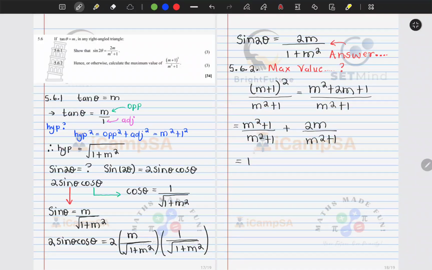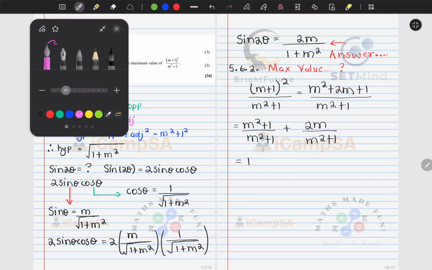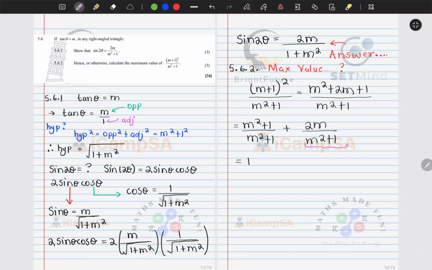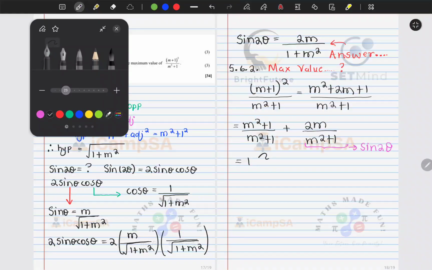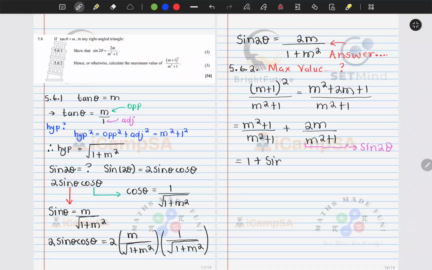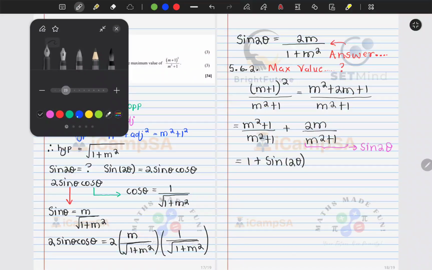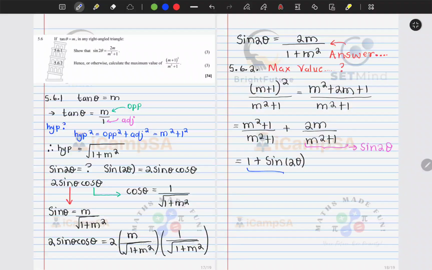So you'll see that this is 1. And what I need you to remember is that this portion here is the same as sine of 2 theta. Okay, so this will end up in 1 plus sine of 2 theta.